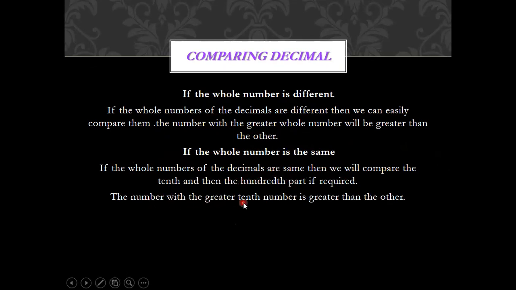The number with the greater tenths number is greater than the other. So what is it saying? When comparing, like greater than or lesser than, what you have to do is first compare the whole numbers on both sides. If they are different, then you can tell which one will be the greater number.